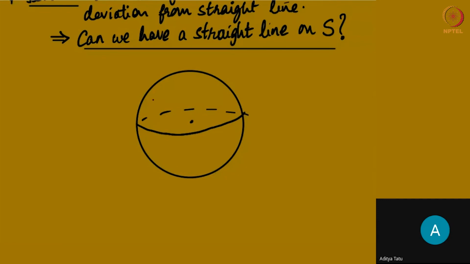This point and this point. In our day-to-day language, we always use this terminology. If somebody asks, we say go straight. But remember, you're living on the surface of a sphere. So what does it mean to go straight on this surface?